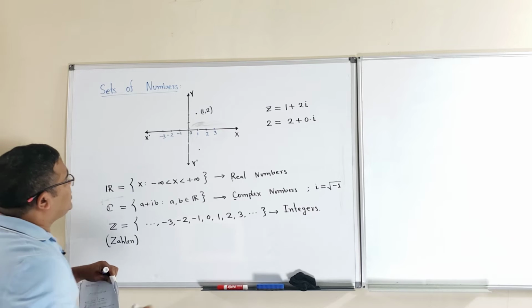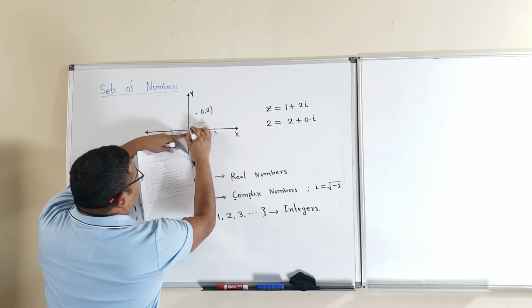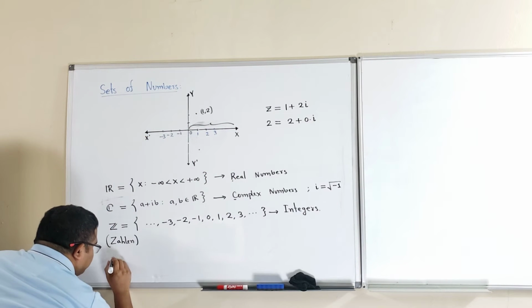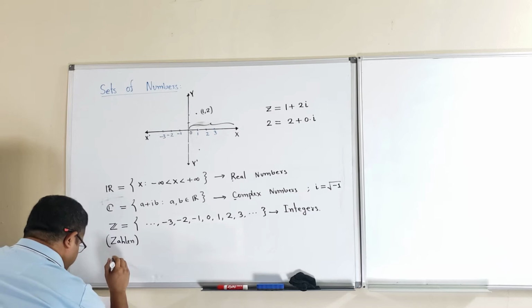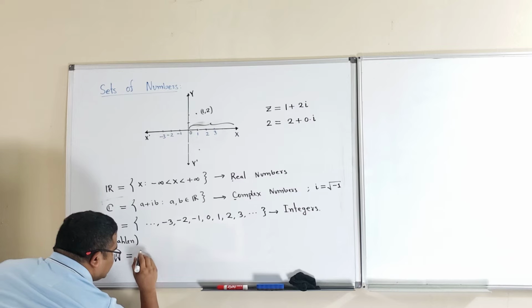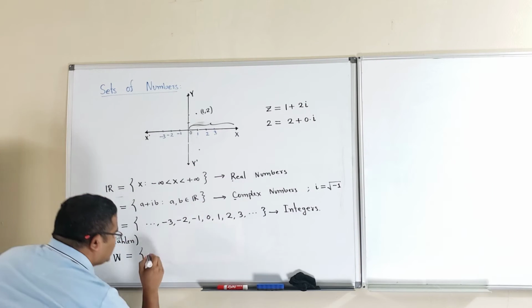Now, if you think only about this part, from 0 going this way, that is called whole numbers. That means non-negative integers.